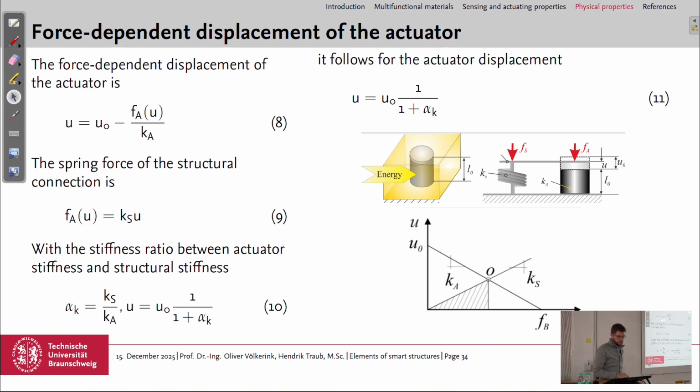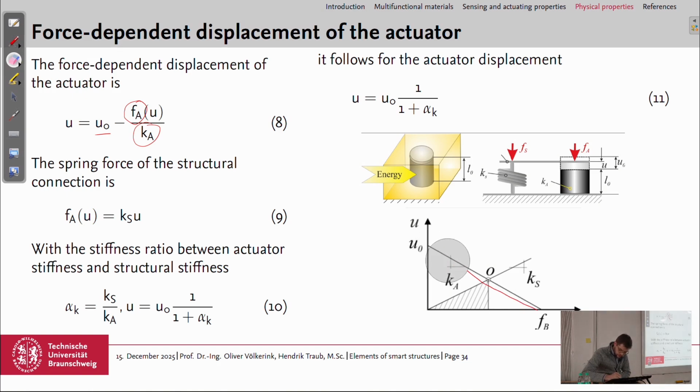So now we again have the force displacement of the actuator, which is u0 minus the force acting on the actuator, which is dependent on u, divided by Ka. So this is the equation to describe this line.